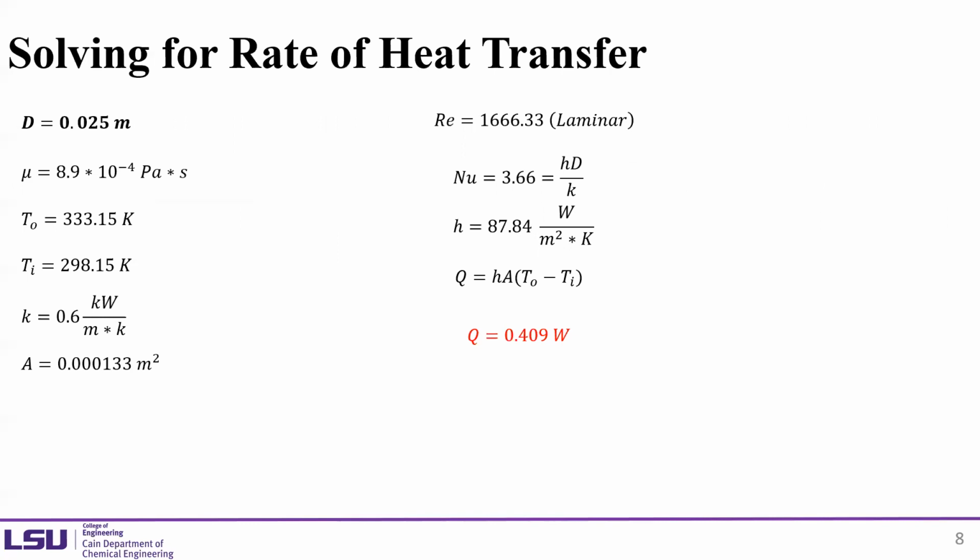We then got a Nusselt number of 3.66 due to the fact that the Reynolds number is laminar. And this led us to get an H value of 87.84, which then gave us a rate of heat transfer value of 0.409 watts.